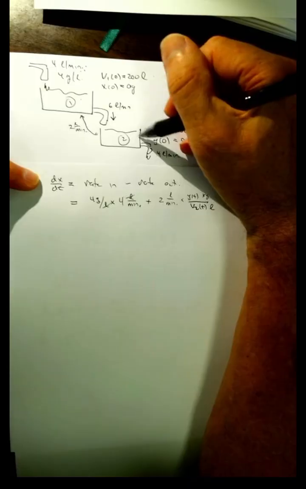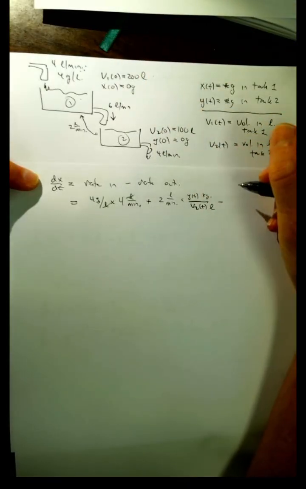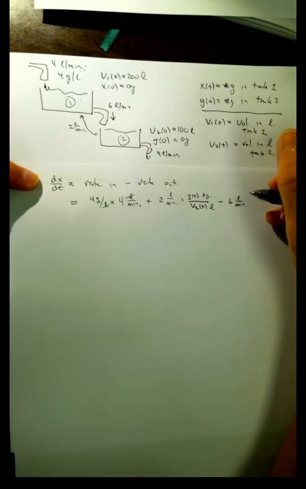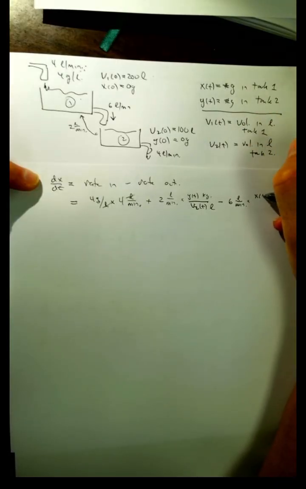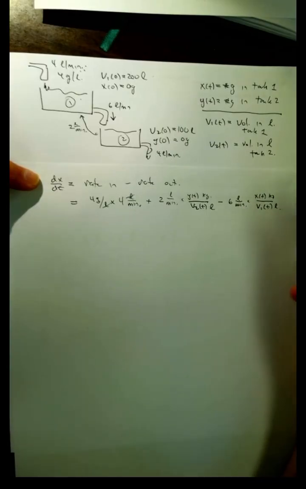And now finally I've got stuff leaving at 6 liters per minute, so that's minus stuff leaving at a rate of 6 liters per minute, and the concentration in tank 1 is going to be x of t kilograms per V1 of t liters. So again, liters cancel, I'm left with kilograms per minute.